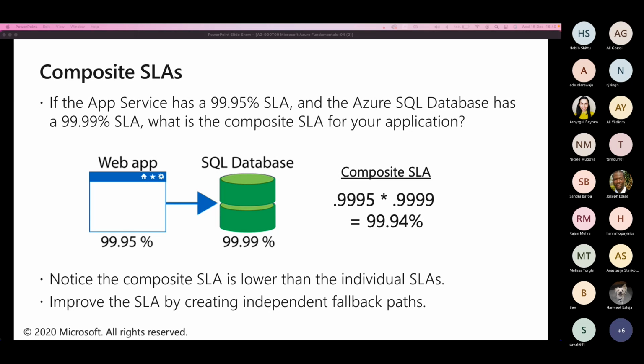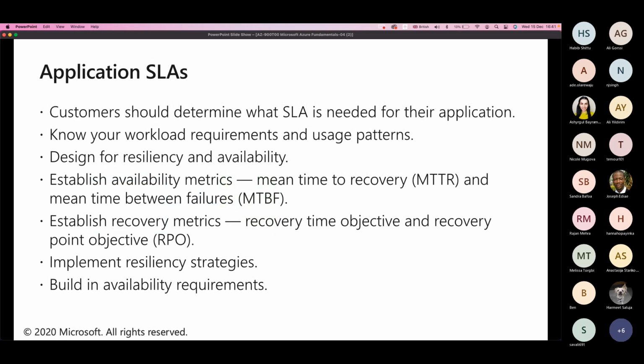Even though the SQL database may be hitting the 99.99 target, and the web application may be hitting the target of 99.95, because they are independent systems, the web app could be down, or the SQL database could be down, or just one of them individually at a time, so the total downtime can be greater than 0.05.